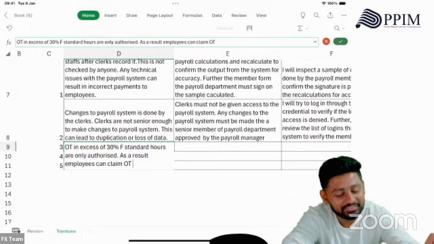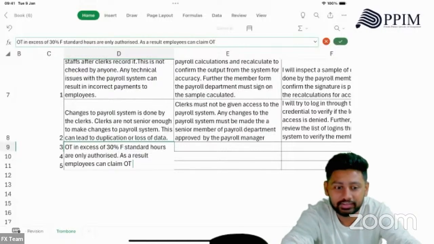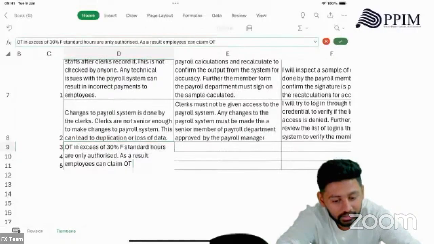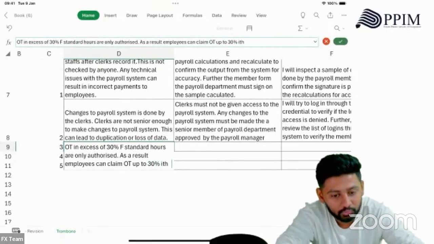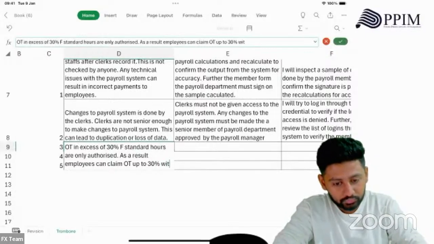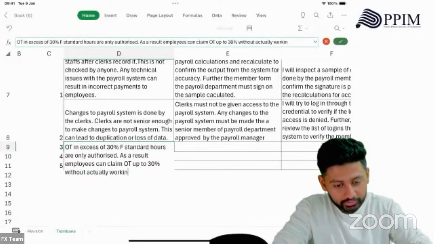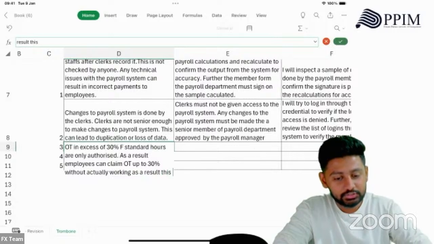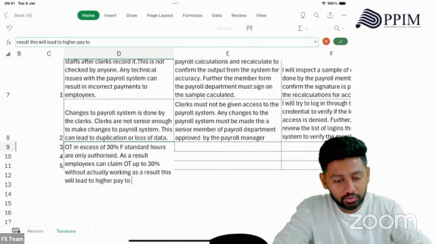They can just say 30% and claim OT. As a result, this will lead to higher payroll.